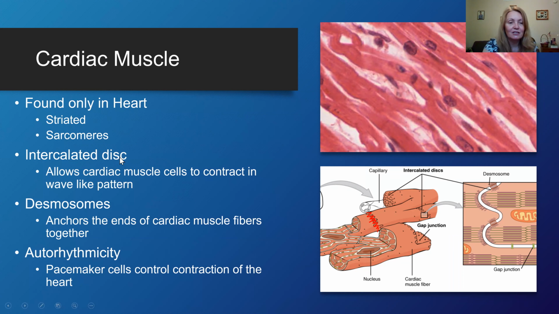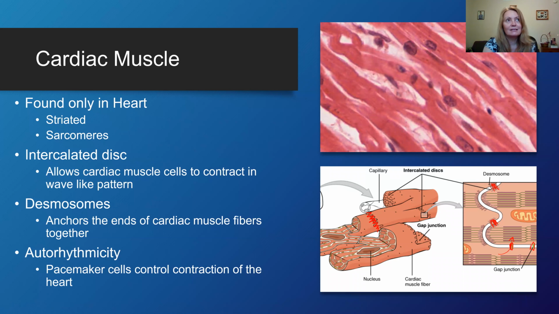Within this intercalated disc, you will have desmosomes that will anchor the ends of cardiac muscle fibers together. Here you see intercalated discs. You have this gap junction, which allows ions to move from one cell to another, but you will also have these desmosomes that will hold cells together.